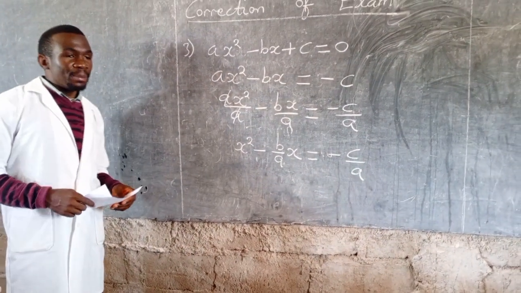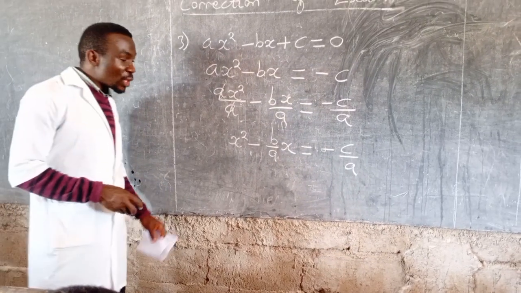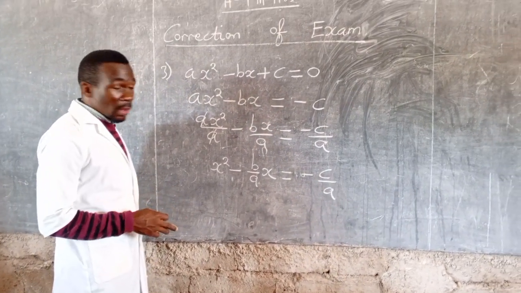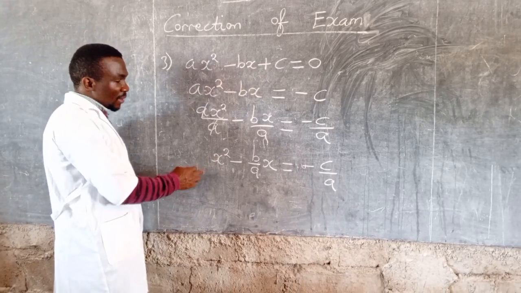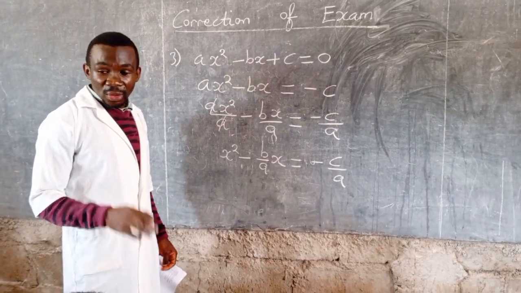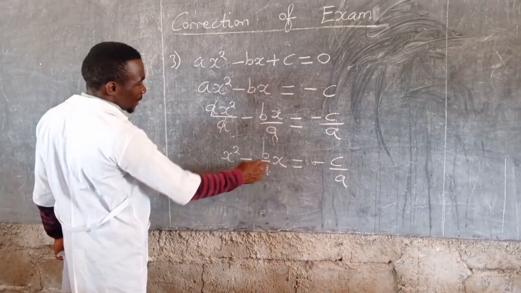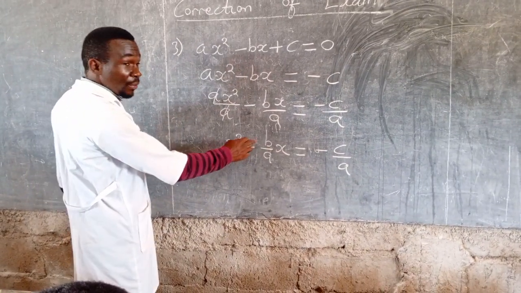Now the next step, we are going to add half the coefficient of x, all that squared, at the left hand side and at the right hand side, so as to obtain a perfect square. What is the coefficient of x? The coefficient of x is negative b over a.